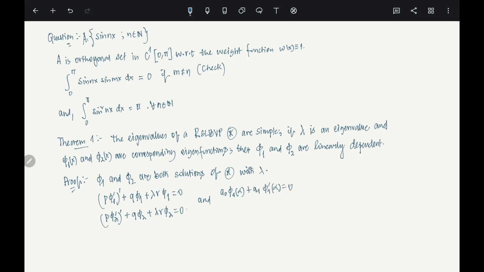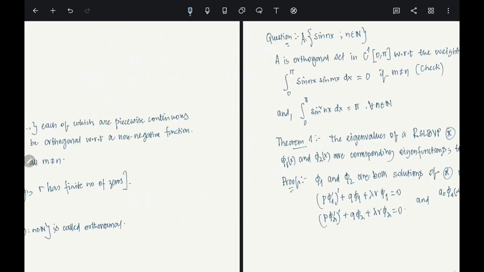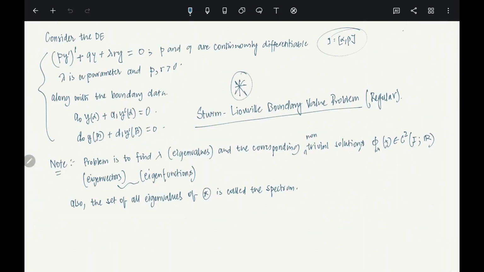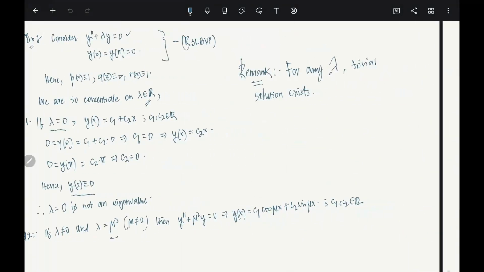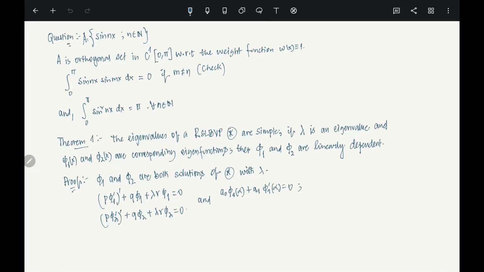Corresponding to phi1, right? And the same thing also holds for the other condition. Let me just check that part. The other constants are D0 and D1, I wrote. So D0 phi1 at the point beta plus D1 phi1' at the point beta is 0.